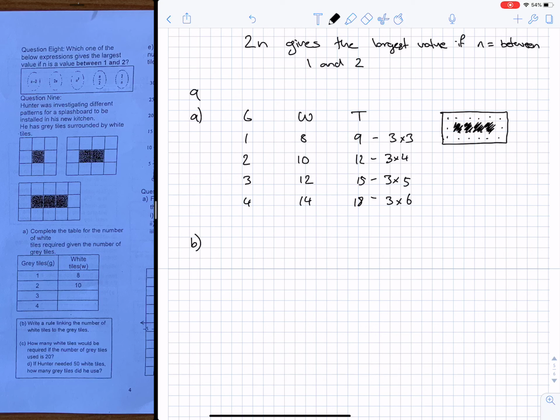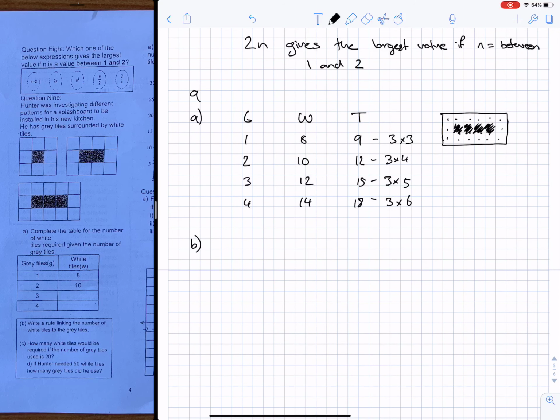So this one kind of requires some thought and effort. Let's look at when you have 2 grey tiles. What if you go 3 times the grey tiles? It requires a bit of trial and error.